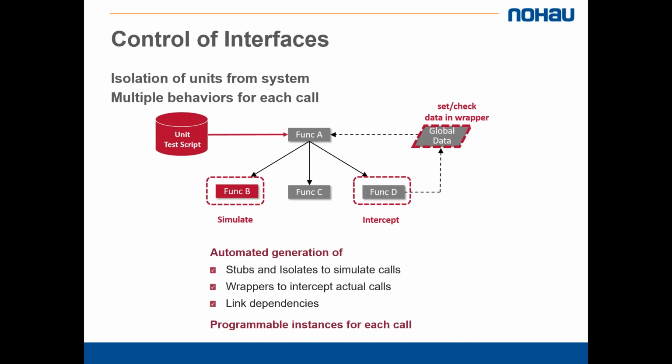Let's say you have something like this. You have a function A here. You want to do a test for that one. And as you say, you want to interpret it. You want to see what's happening. Often you have a lot of dependencies. So let's go over that first. For example, perhaps you have a function B that you depend on. You don't have it or it's not developed yet. You can simulate that with this tool. And you want to use function C as it is. You don't want to change anything. That's also fine.